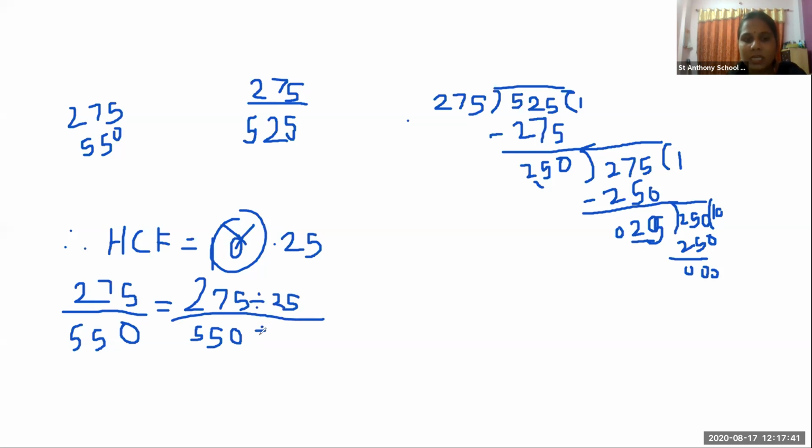First I will find HCF by division method, and after getting HCF, I will divide those numbers by the HCF, that is 25. Now when I divide this 275 by 25, I'll get the answer 11. And when I divide this 550 by 25, I will get the answer 21.